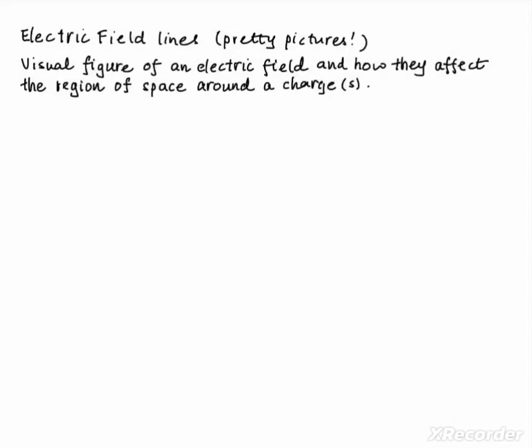So let's look at electric field lines. Electric field lines are a visual figure of an electric field and how they affect the region of space around a charge. For example, let's say you have some kind of electrically charged object, and let's say this is positively charged.